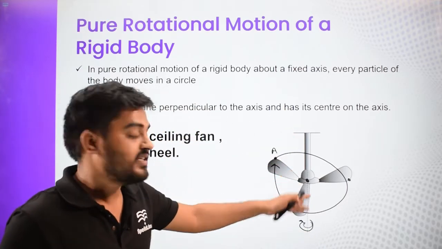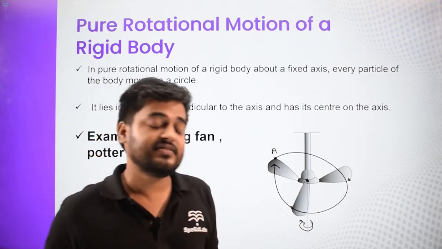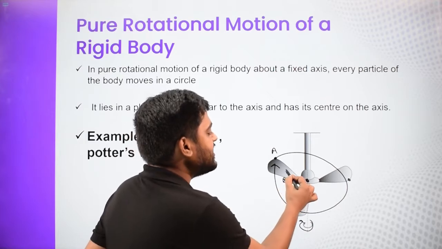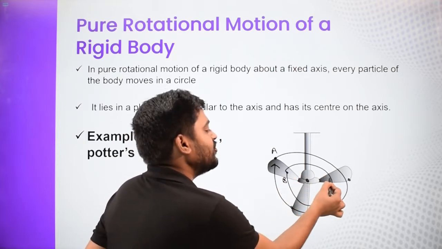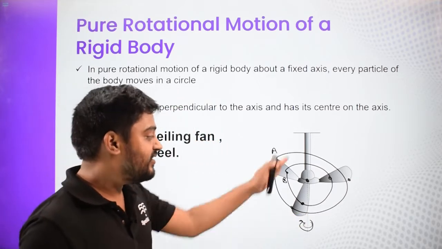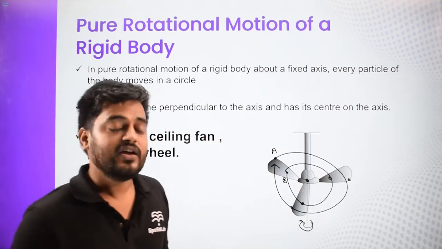So on that axis, this center is lying, and not just for this particle. If we take another particle, let's say particle B, then B moves all the way like this. B is also performing a circular motion, its plane is also perpendicular to this axis, and its center is also lying on the axis.